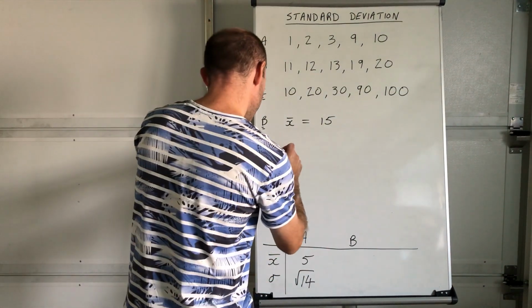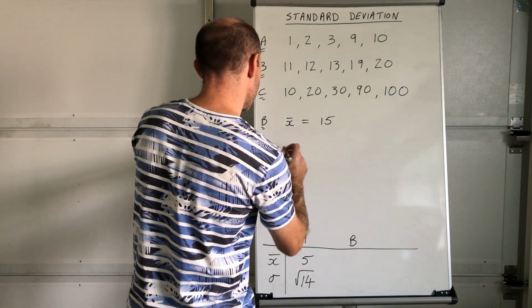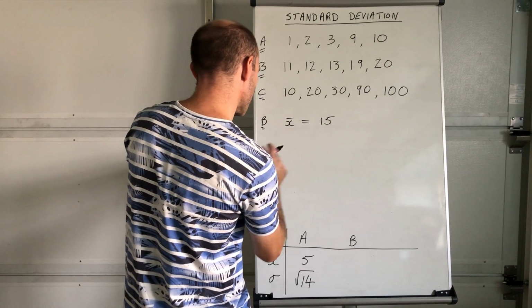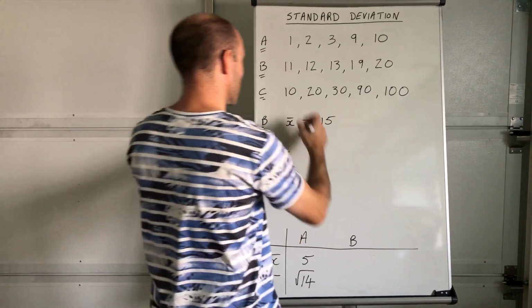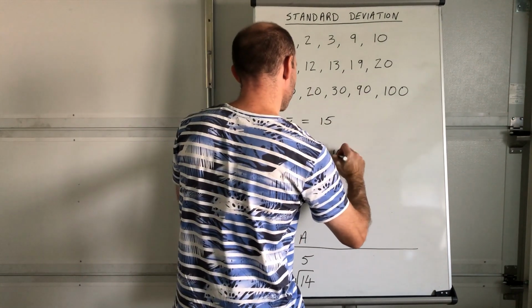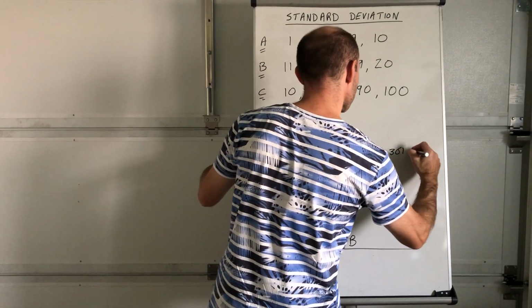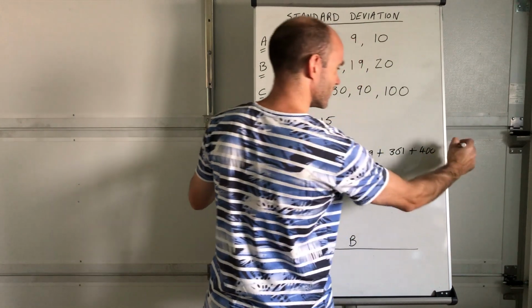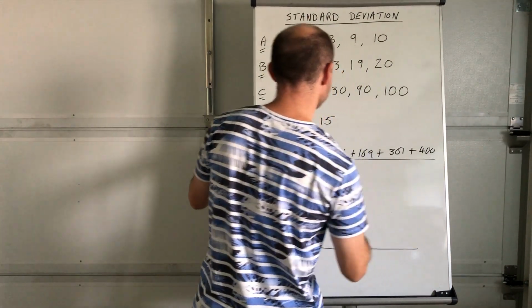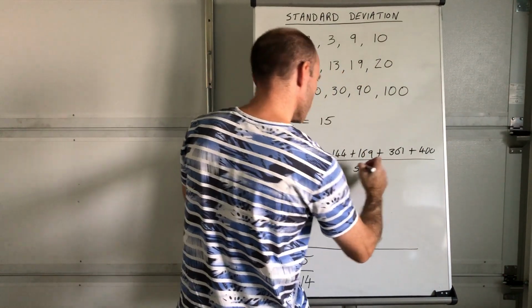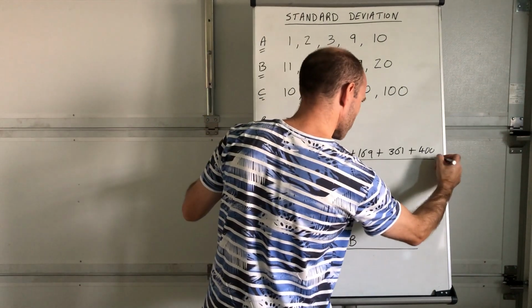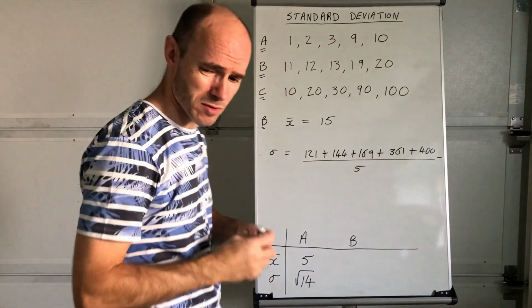Right, I'm going to do the standard deviation next, so that is going to be 121 plus 144 plus 169 plus 361 plus 400. Run out of room. Divide that by 5, and subtract the mean squared, which is 225.